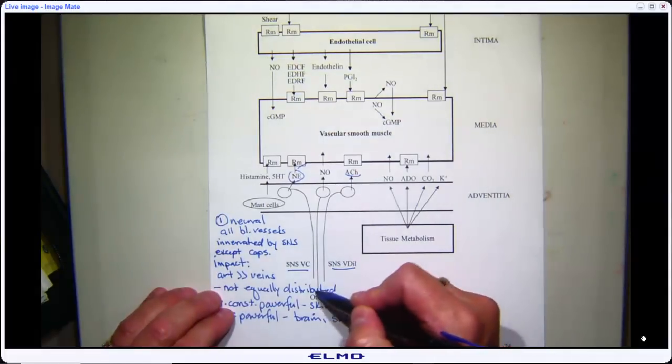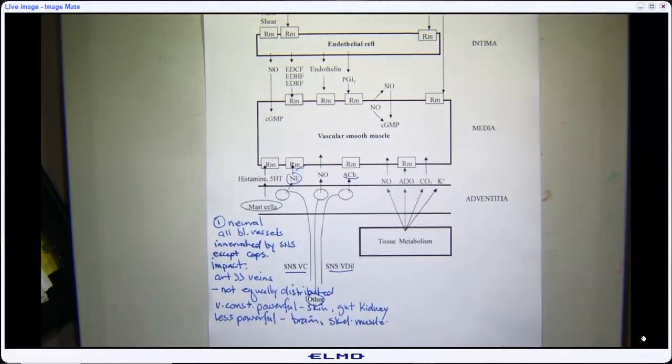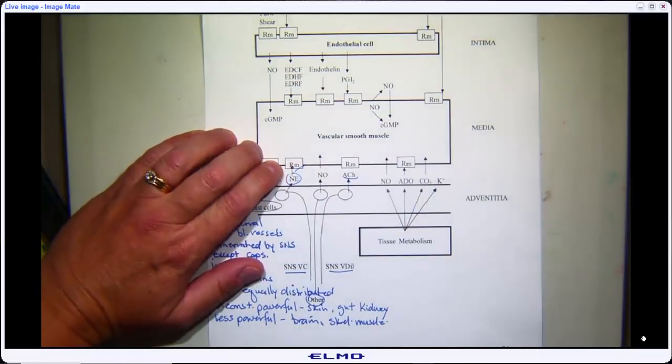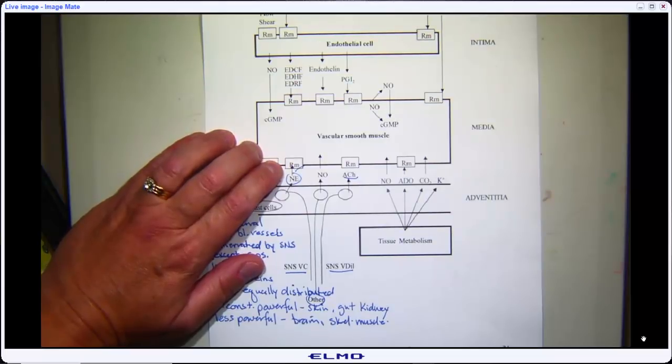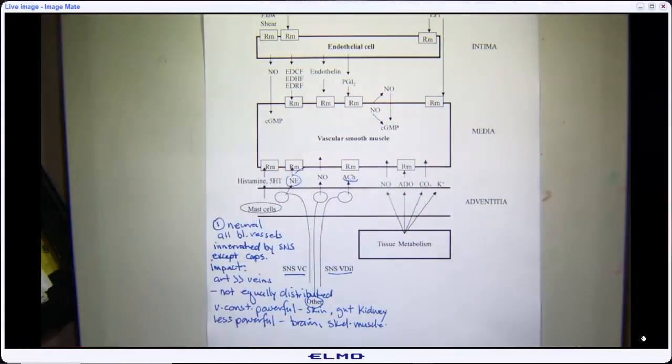And then there are other nervous systems in here. There's something called a NANC nerve, non-adrenergic, non-cholinergic. All they're telling you is it doesn't look like the sympathetic nervous system because it's not using norepinephrine and the adrenergic system, and it's not using the cholinergic system, so it doesn't look like the parasympathetic system. That just means it's something else.